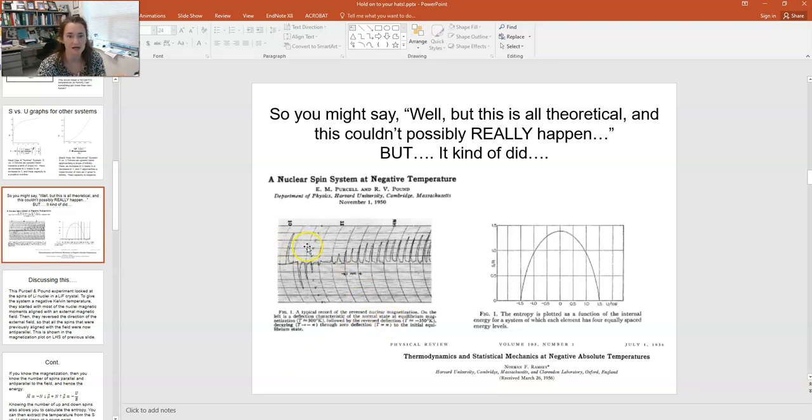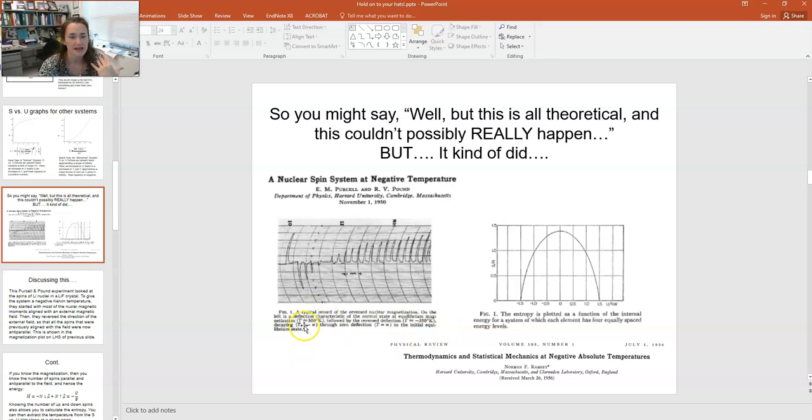This is plotting the magnetization of the sample versus time during the experiment. On the left-hand side, this is a magnetization in the net negative direction, which would mean parallel to the field. And then on the right-hand side, they flipped it, and now they have the positive magnetization.